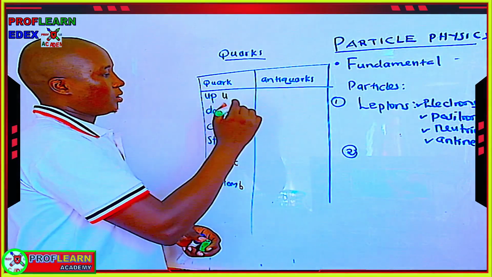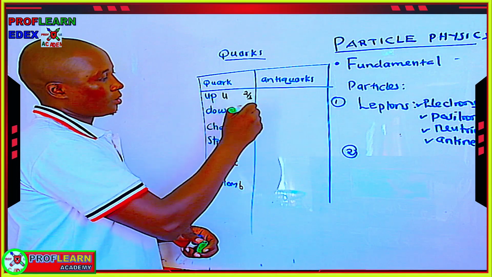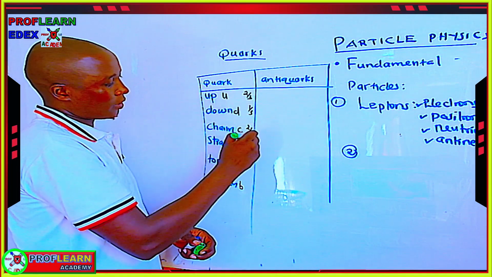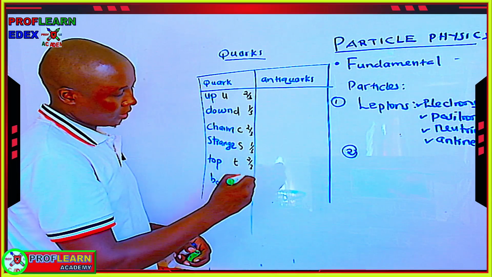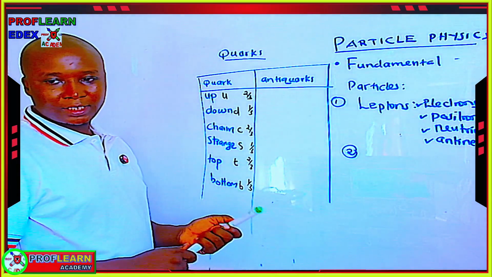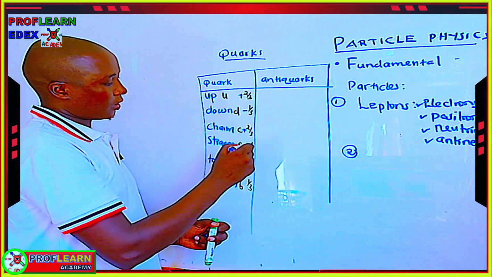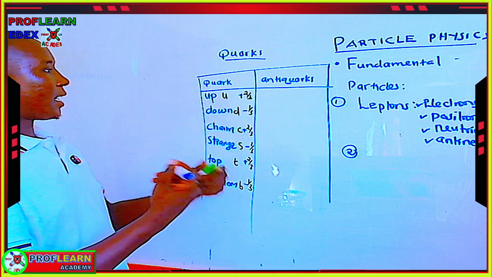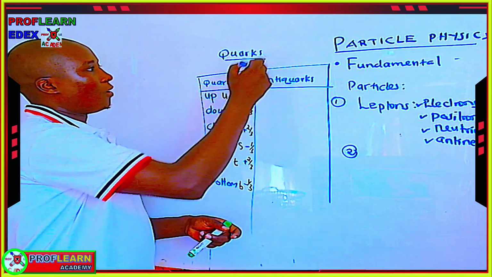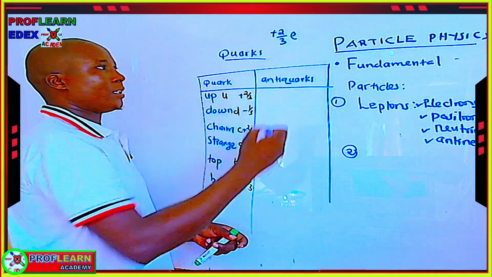The charges are 2 over 3, 1 over 3, 2 over 3, 1 over 3, 2 over 3, 1 over 3. Then you put positive, negative, positive, negative, positive, negative. So an up quark has a charge of positive 2 over 3 e.